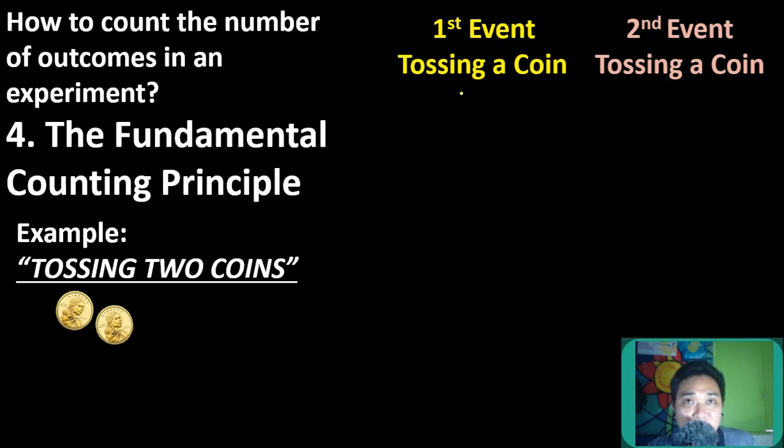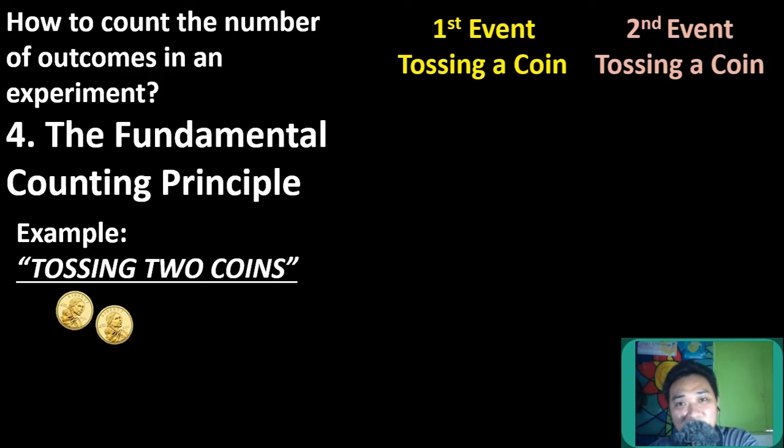O bakit natin kailangan ihagis uli yung coin natin ng isa-isa para makita natin kung ano yung possible result? Kasi pagka pinagsabay mo, mahihirapan tayong mag-determine ng number of possible outcomes. Lalo na kasi in this example, mahalaga sa atin yung arrangement nung bawat outcome on each event.